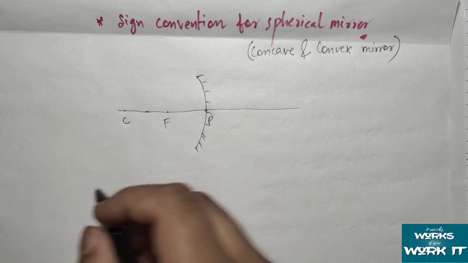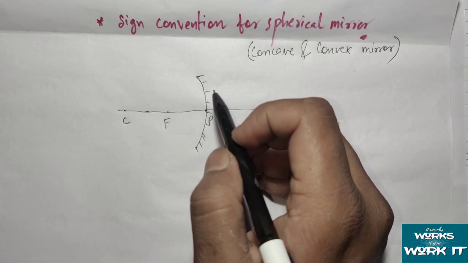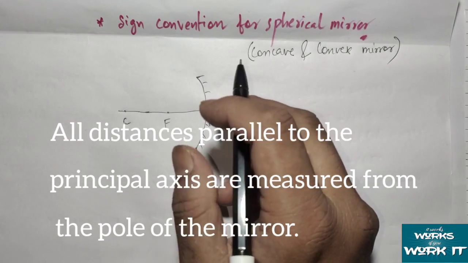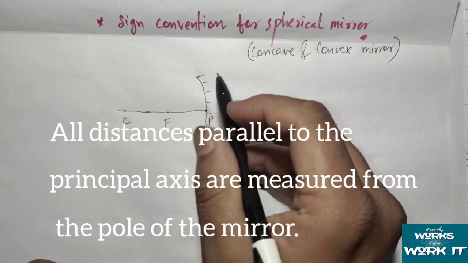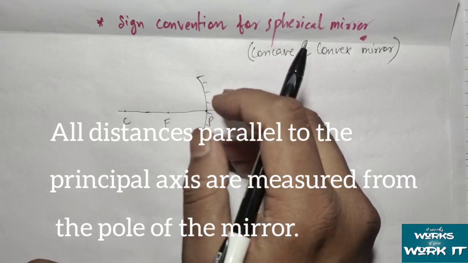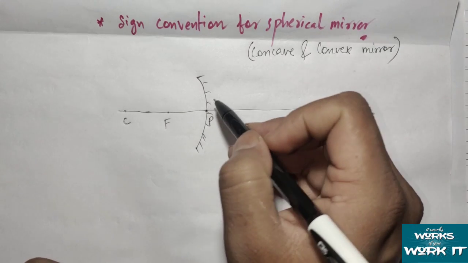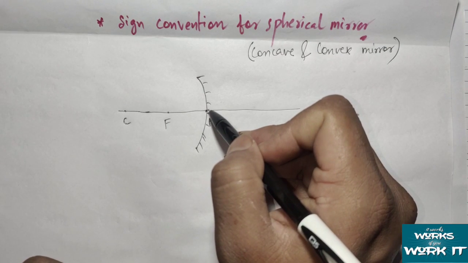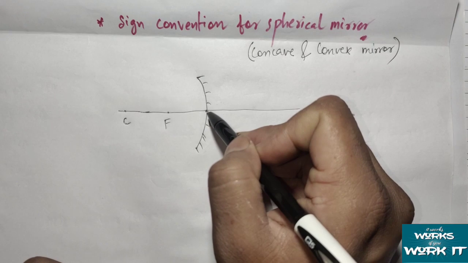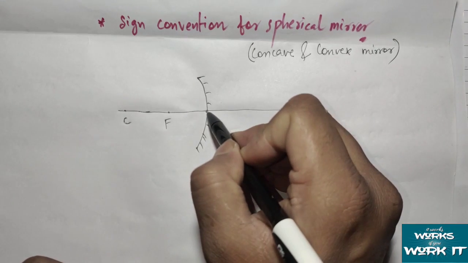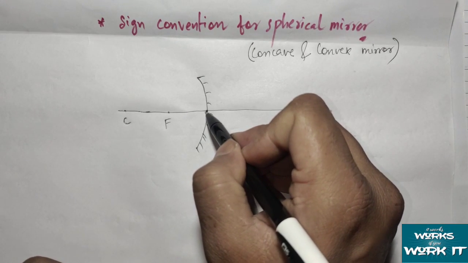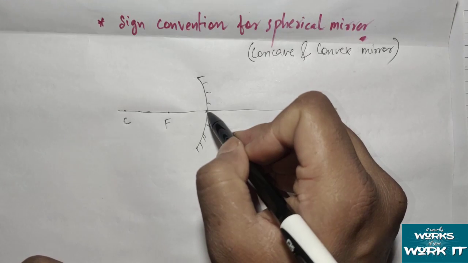So now the first point is telling us that all the distances are measured from the pole of the mirror as origin. Okay, wherever the distances are measured, either we have to measure the object distance or the image distance, we have to start from this pole, and it will act as the origin.